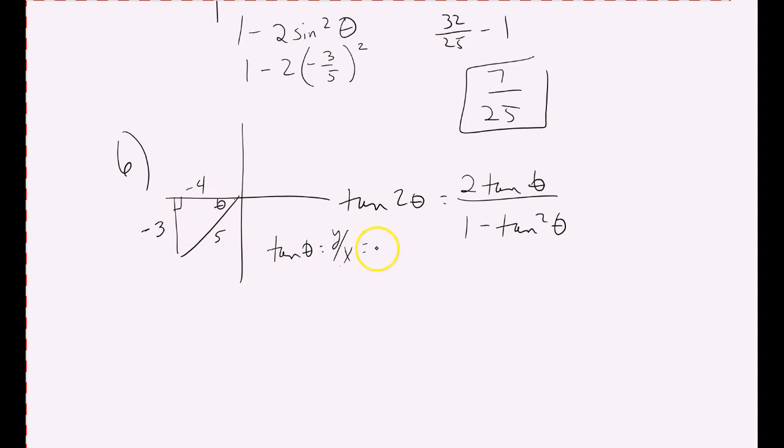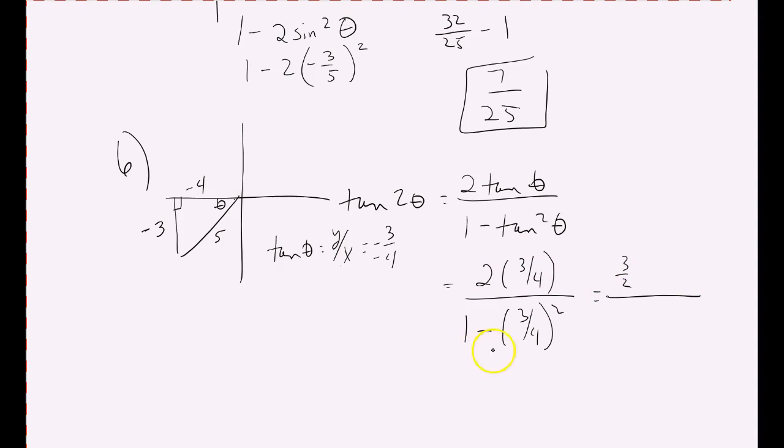So it's going to be negative 3 over negative 4, which is 3/4. So 2 times 3/4 over 1 minus 3/4 squared. And you're going to math that out. So that's going to be 3/2 over, let's see, that's a 9/16. So what's 1 minus 9/16? 7/16?